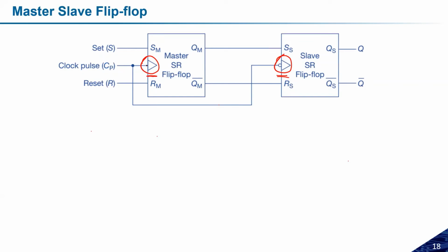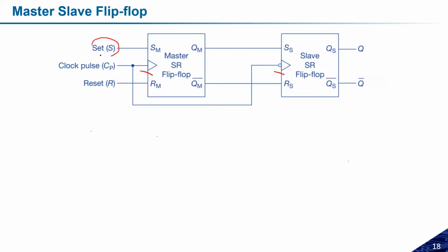It could be positive level triggered and negative level triggered as well, there is no problem. But the edge trigger can solve the purpose of multiple changes during a clock period. So one of the flip-flops will be activated during the positive edge, and the second flip-flop will be activated during the negative phase.